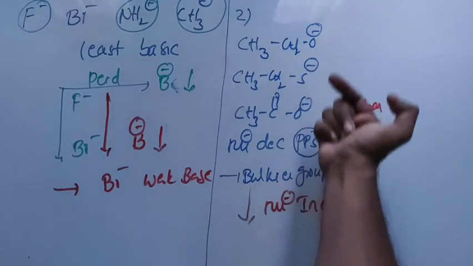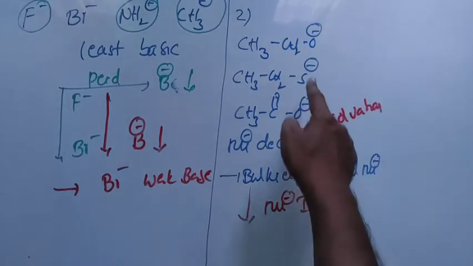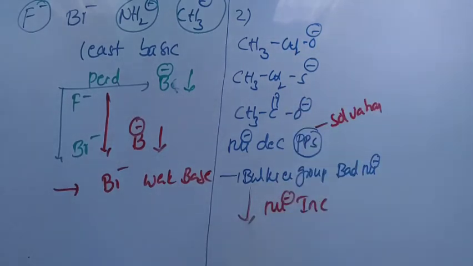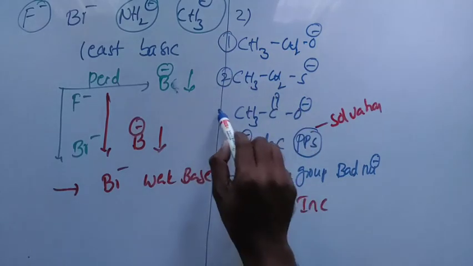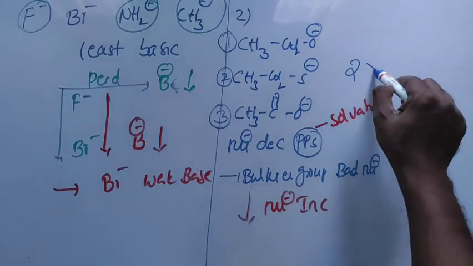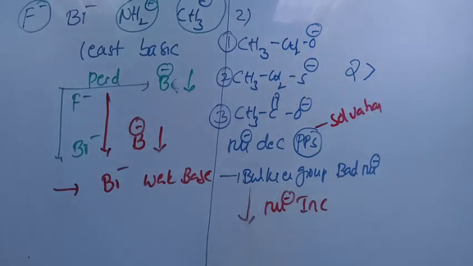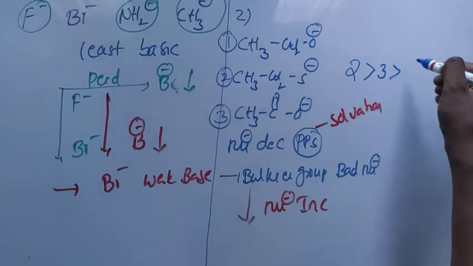Sulfur lies below oxygen, therefore down the group nucleophilicity increases. Suppose I label them as 1, 2 and 3, the second one is the strongest nucleophile, which is followed by 3, which is followed by 1.